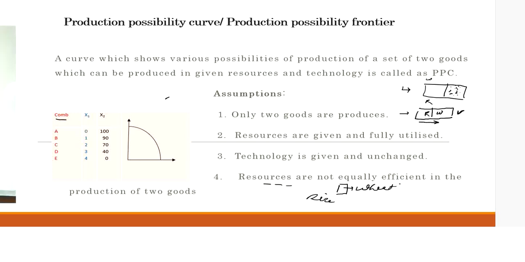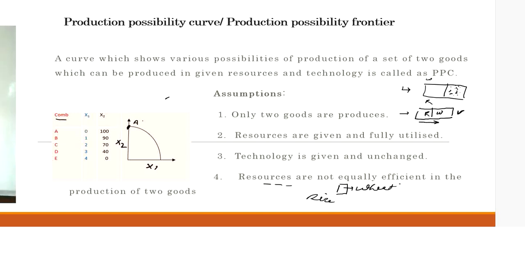Combination A says zero production of X1 commodity, this is your X1 commodity, and maximum production of X2 commodity. It means at this point production of X1 is 0 and all resources are being used in the production of X2. That is your combination A.